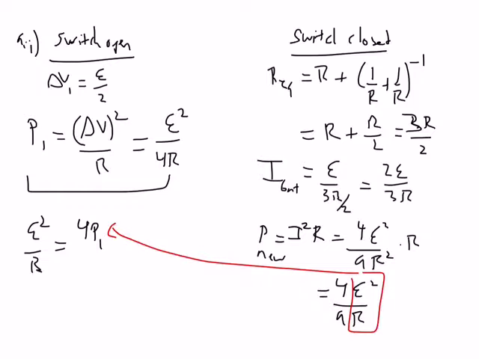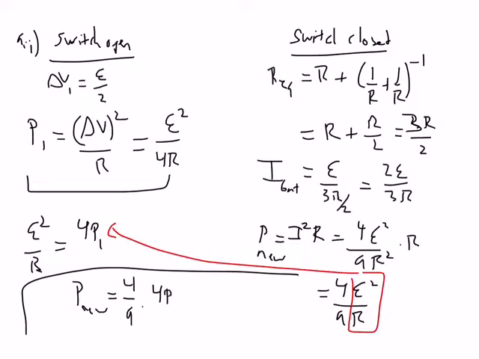So now we get one expression that relates P new to P1: P new equals 4 ninths times 4 P1, or 16 P1 over 9. There are multiple different ways you can arrive at this, depending on whether you calculate potential differences or currents or vice versa. I think this is about the simplest, but however you approach it, this is the process.